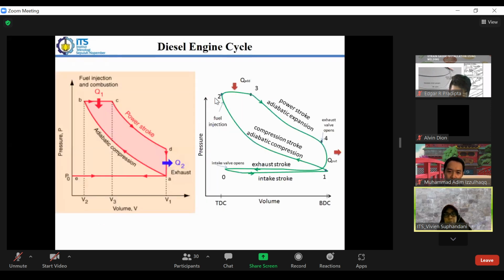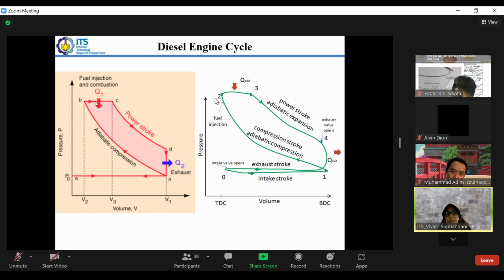And this is the cycle. This is the main difference when we compare it with the Otto cycle. Now we have the cutoff ratio, which we have discussed before. Why? Because we have the fuel injection and the combustion process.